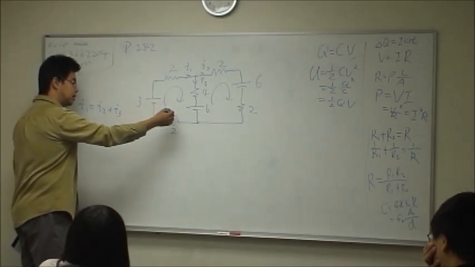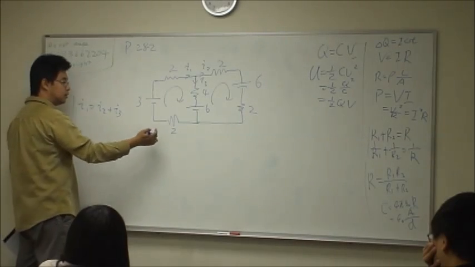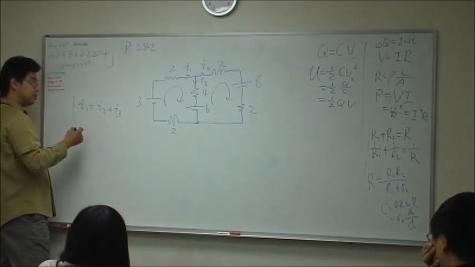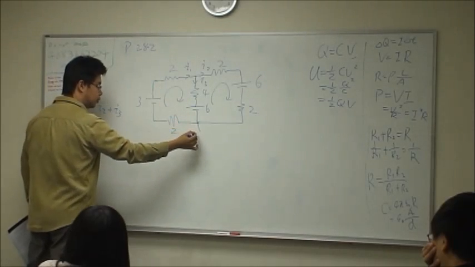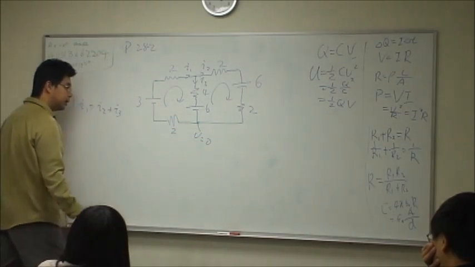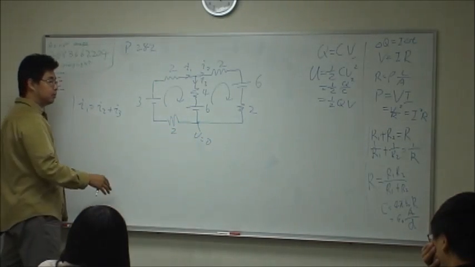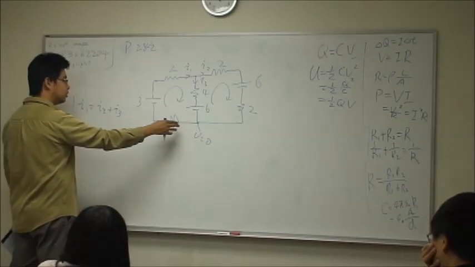Second one, let's look at this loop. This loop has a resistance of 2, and let's say this is voltage equal to 0. It doesn't matter where I put the voltage equal to 0, it always comes back to the same point.